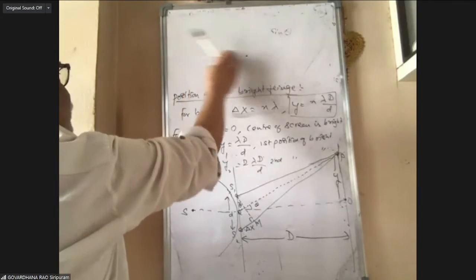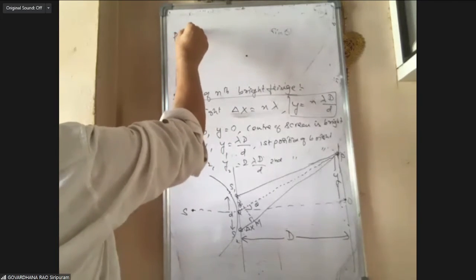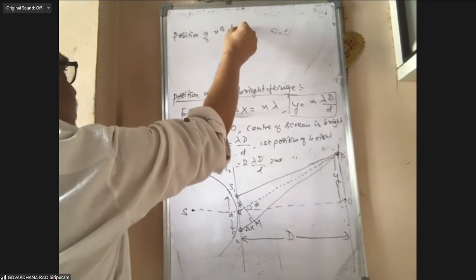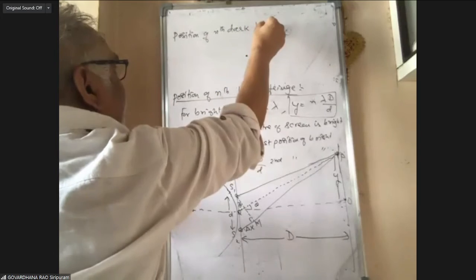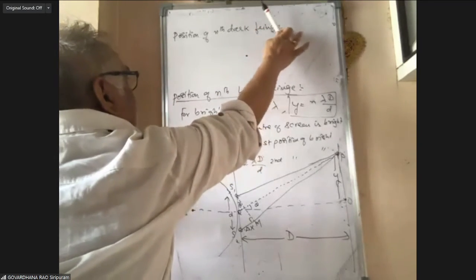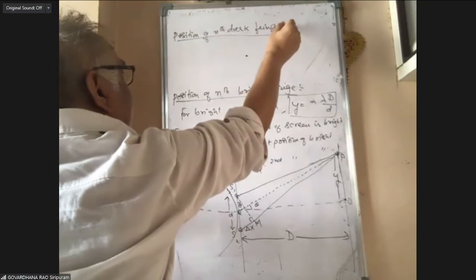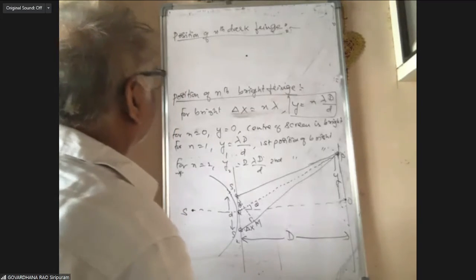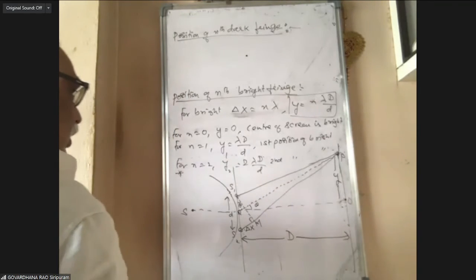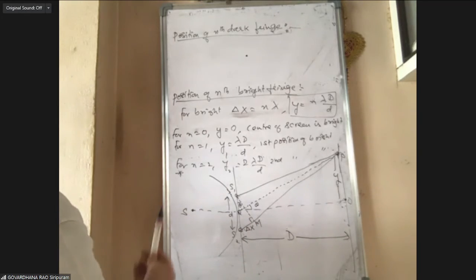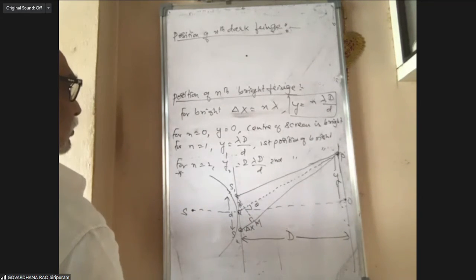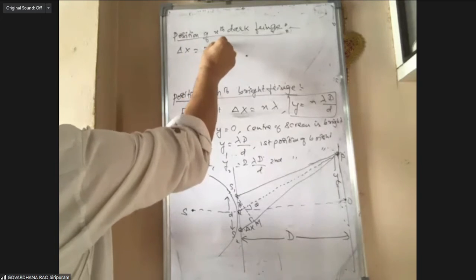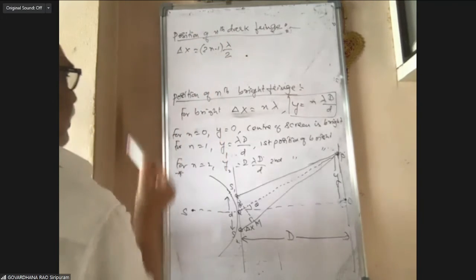Similarly, the position of the nth dark fringe. What is delta x? It is (2n minus 1) into lambda by 2.